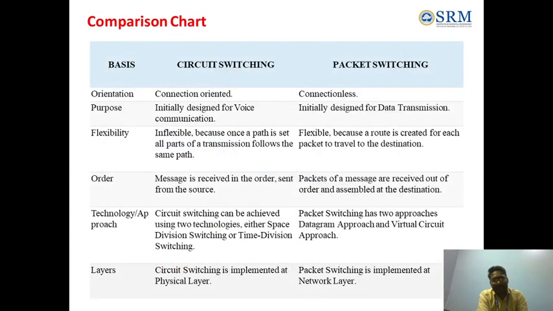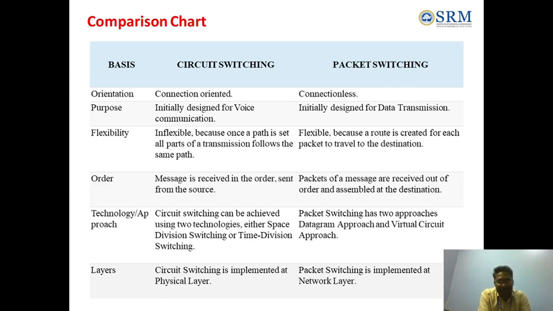This is a comparison chart for circuit switching and packet switching. In terms of orientation, circuit switching is connection oriented, while packet switching does not need a connection, so it is connectionless. Circuit switching was initially designed for voice communication, while packet switching is designed for data transmission.